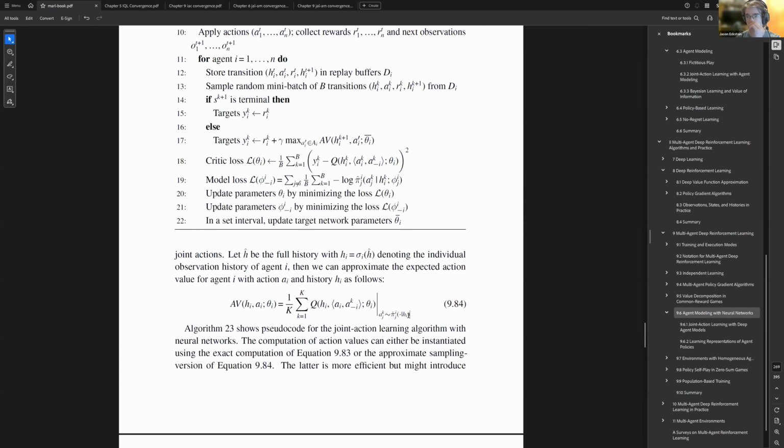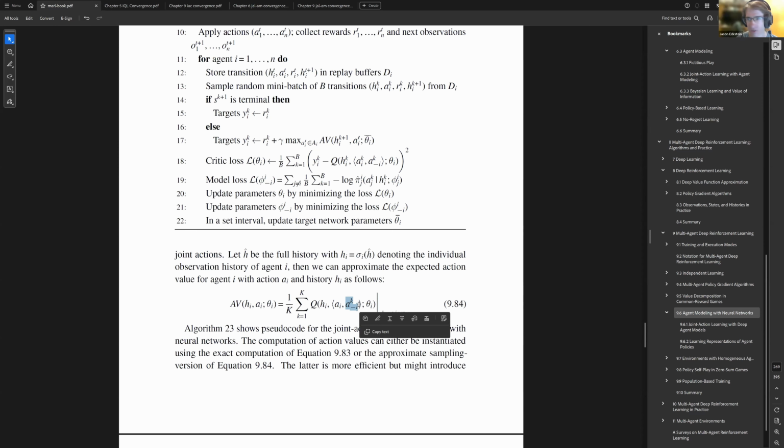Each agent is going to have a model of the other agents, and it can go one at a time through them, say, okay, agent one, what action do you want to take? Agent two, and then it just collects, and it can repeat that k times through all the agents, and then use that to take sums of its joint action value function.